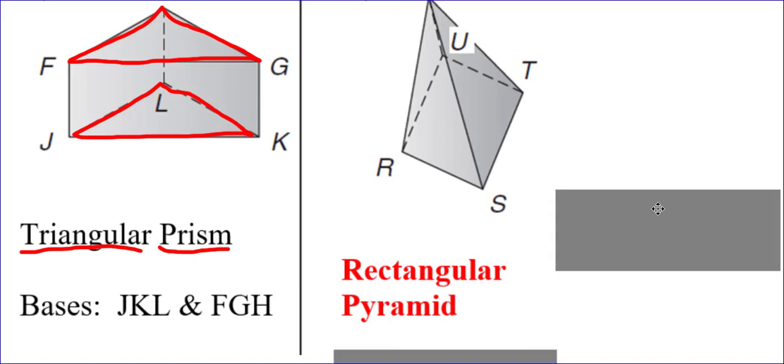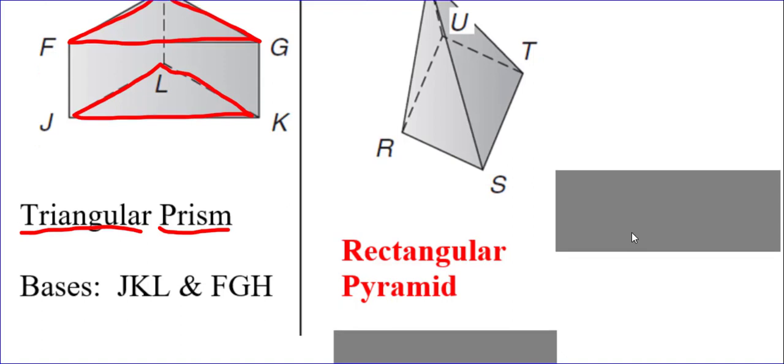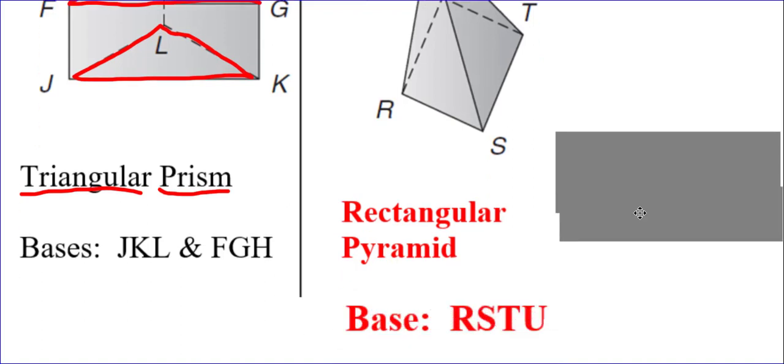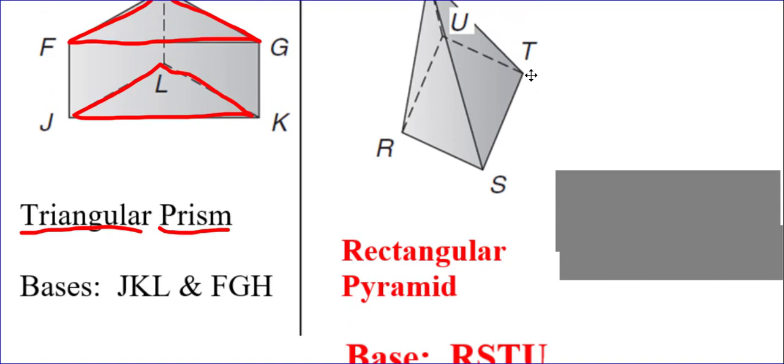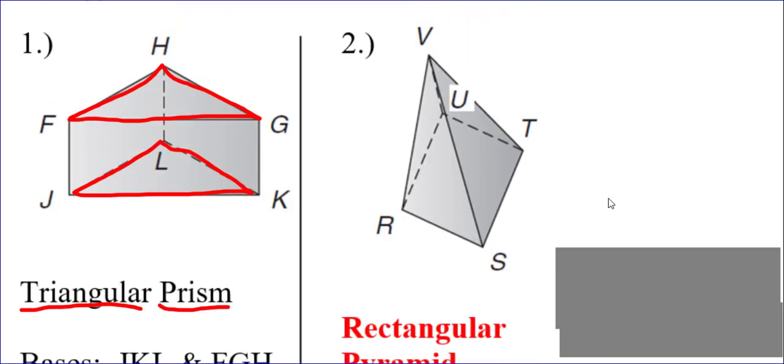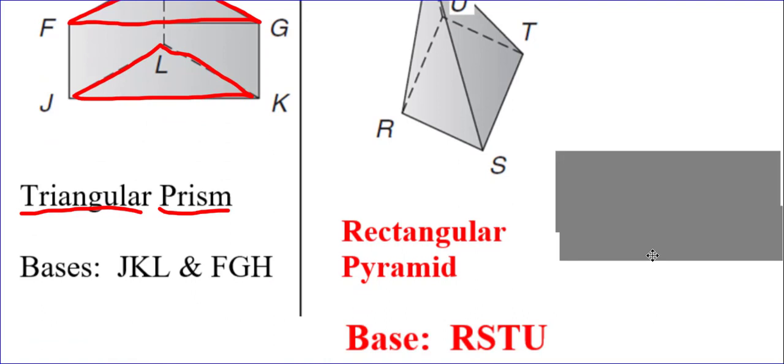So go ahead and write that down. Now, we have to name the base of the rectangle. You can go in any order you want. I chose to go once again in counterclockwise order. So I went R, S, and then T and U. I did not write down the V because the V is not on the rectangle. We are only using the vertices that are on the base.